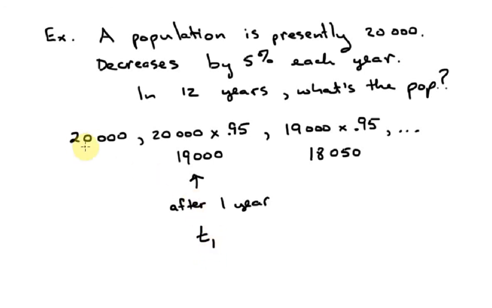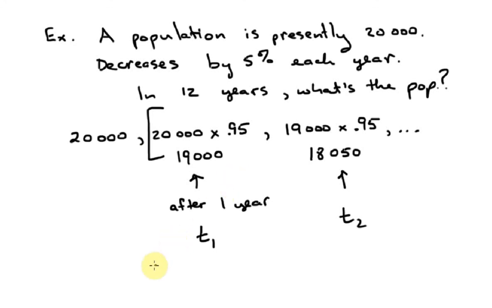Because rather than call 20,000 term 1, this way term 1 means the population after 1 year. Term 2 is the population after 2 years. Okay, so it makes it easier because we've got everything lined up and coordinated. So we're starting our sequence here. Okay, and it just makes life a little bit easier.